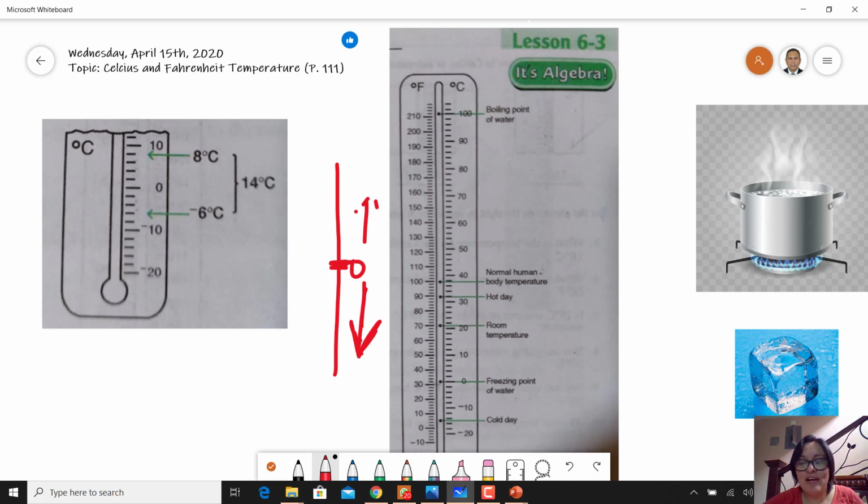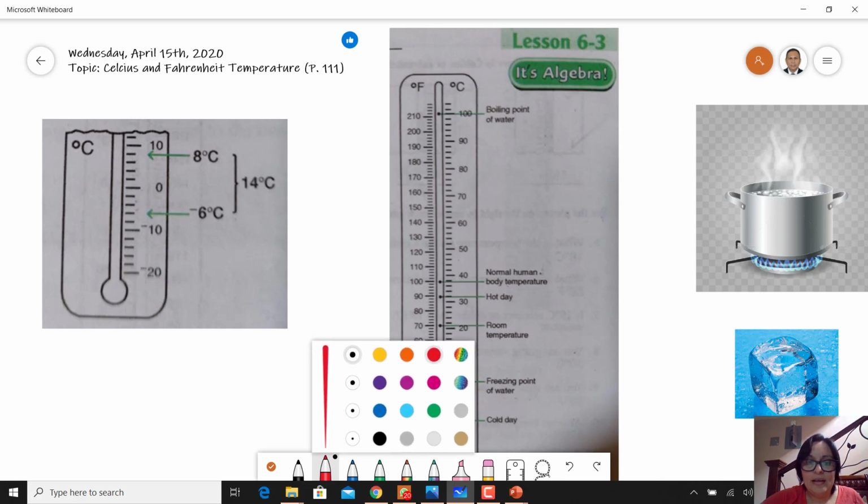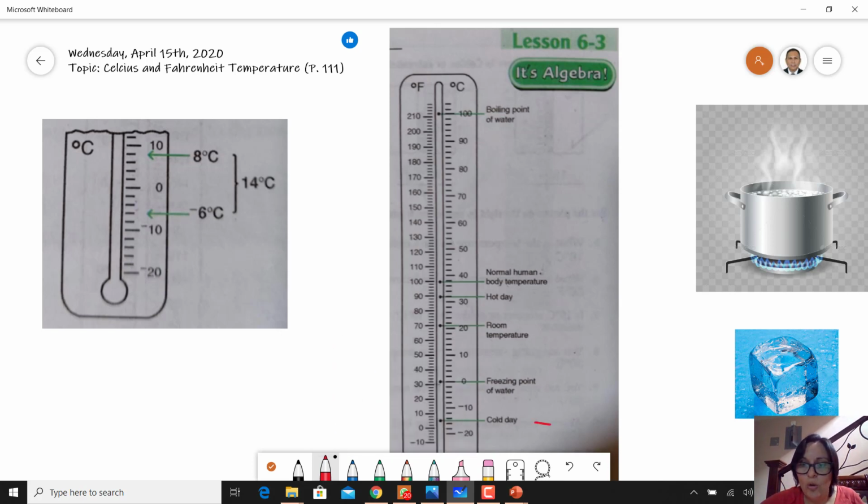That means very, very, very cold, because in 0, in Celsius degrees, we already know that it's frozen. But under 0 means hyper frozen. Okay, so in here we have a cold day.